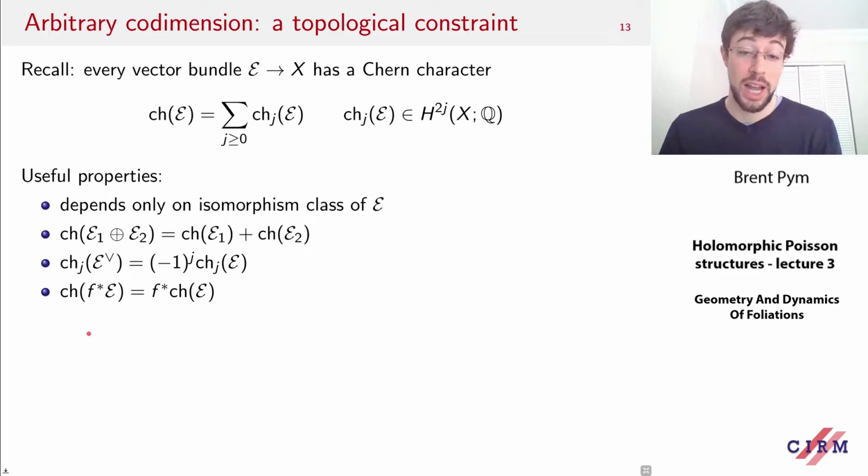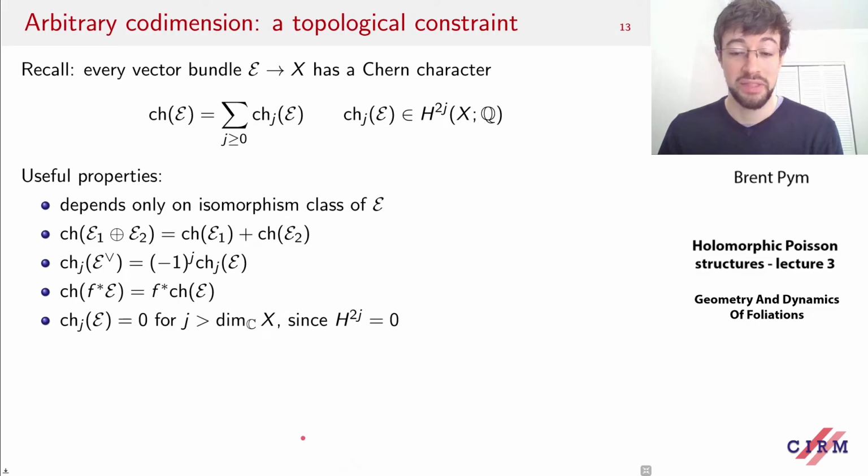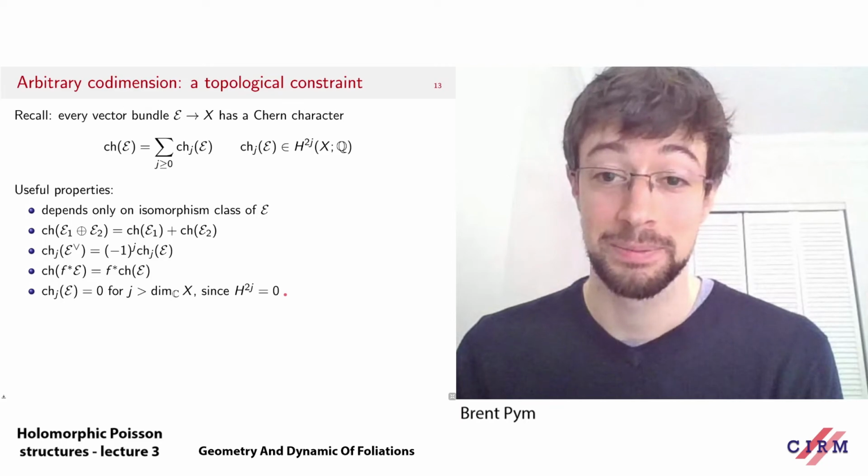You could also consider a map f between two manifolds, then you could pull a vector bundle back along that map, and the Chern character of the pullback is the pullback of the cohomology class given by the Chern character. And finally, a very silly observation, which is that the Chern character has to vanish when j is bigger than the complex dimension of X, and that's simply because the whole cohomology vanishes beyond that degree.